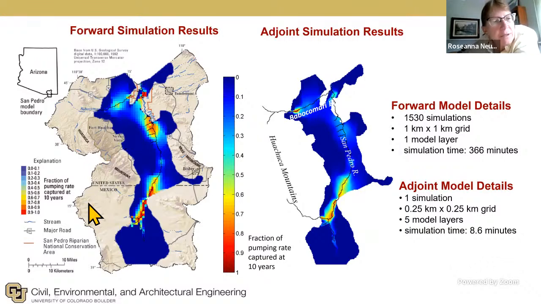There's a model developed by the USGS that looked at stream depletion due to pumping in this aquifer. What I'm showing on the left is, at any block, and you can see the size of the grid blocks here, if I pump water out of a well at that location for 10 years, how much of the water that I pump out comes from the San Pedro River.